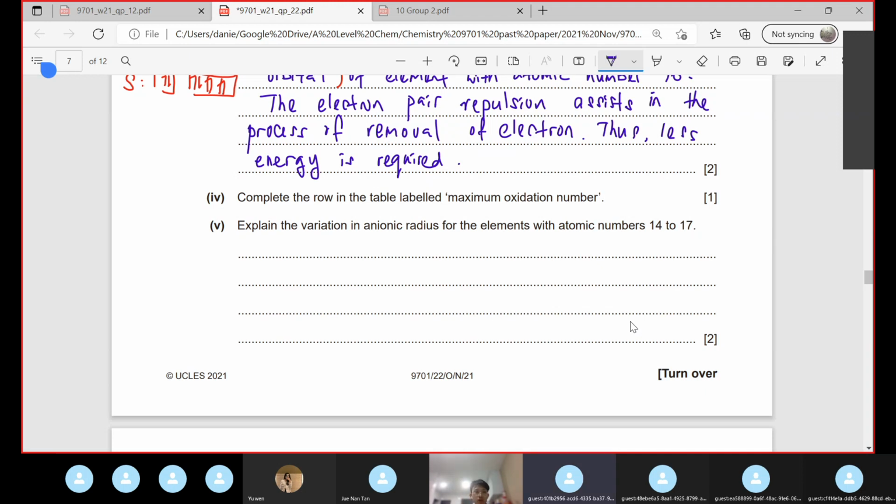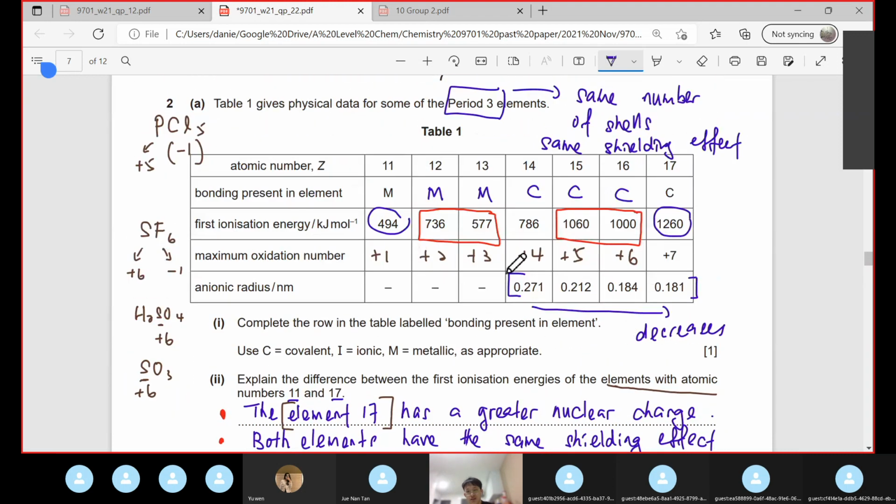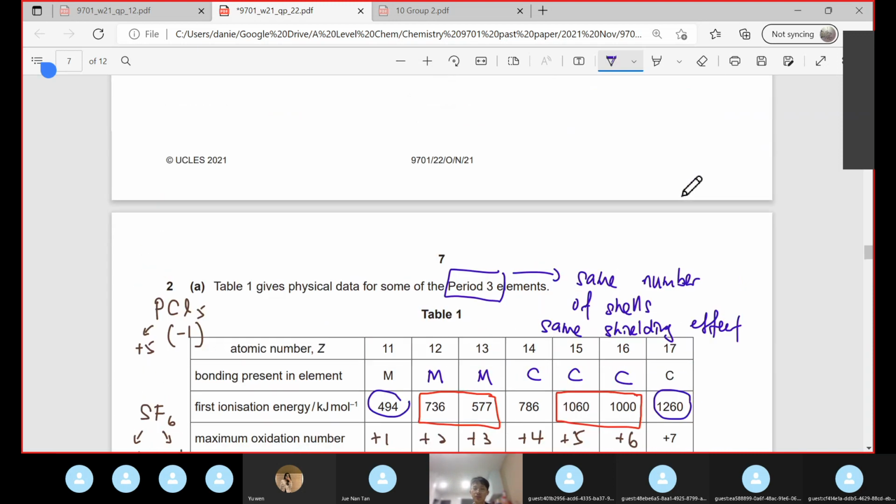If you look carefully, for elements 14, 15, 16, 17, 2.8.4 is silicon. So we have silicon 4 negative, phosphorus 3 negative, sulfur 2 negative, and Cl negative.